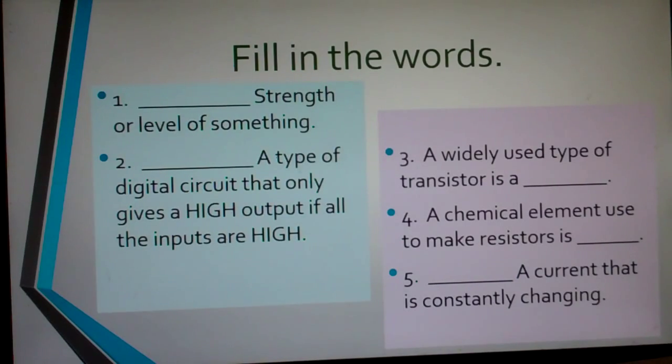Fill in the words. Number 1, blank, strength or level of something. Number 2, a type of digital circuit that only gives a high output if all of its inputs are high.